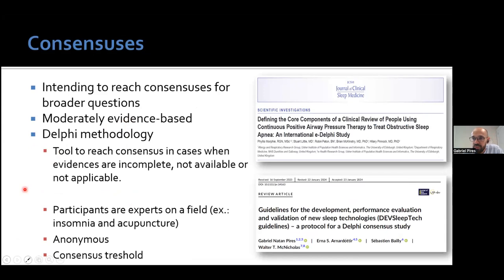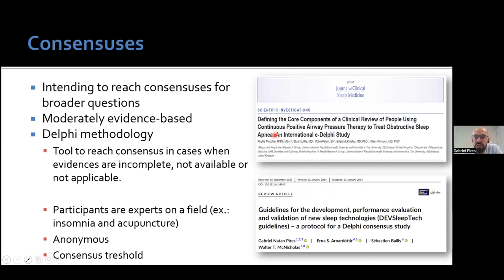Then we go to consensuses. What is a consensus? That's self-explanatory. A consensus is when people agree on something. And in many cases, when we try to reach consensus in sleep medicine, we are not talking about evidence. There are 2 cases here that we can discuss. This is a consensus about what should be included in the clinical review of people using CPAP.